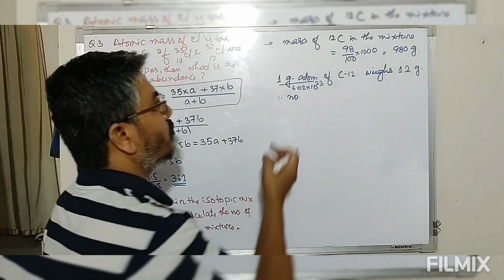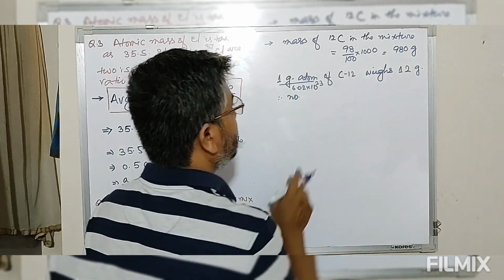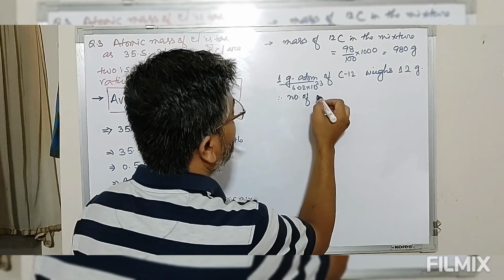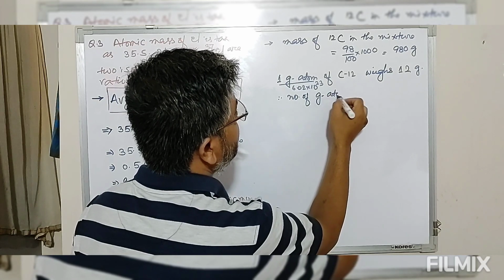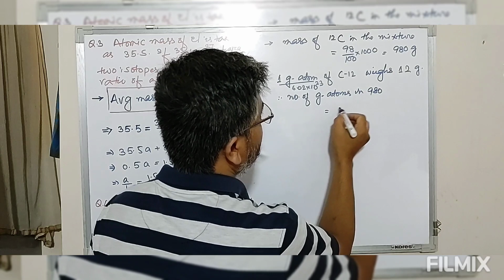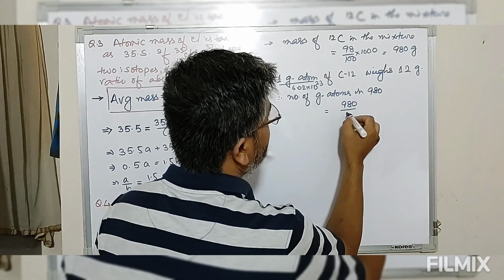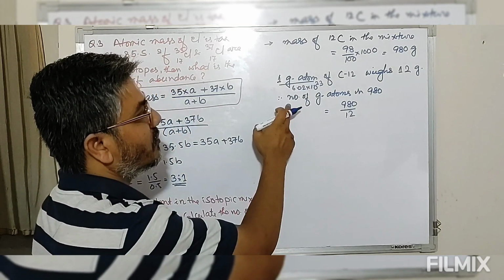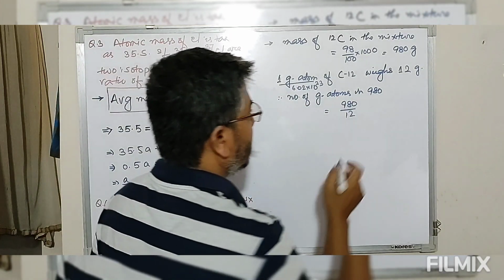So total mass is 980. Mass of 1 gram atom is 12. So therefore the number of gram atoms in 980 is equal to 980 divided by 12. So the mass of 1 gram atom multiplied by the number of gram atoms is equal to 980.